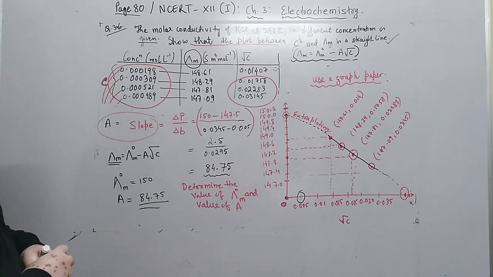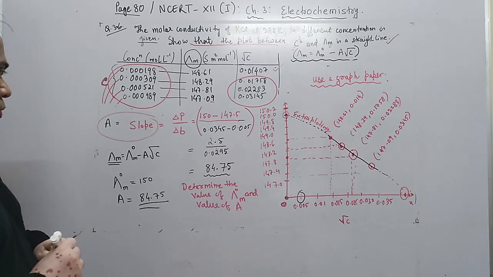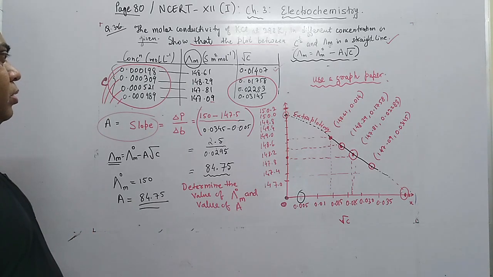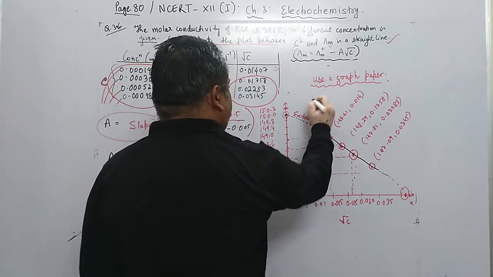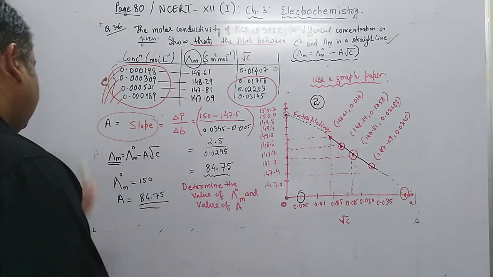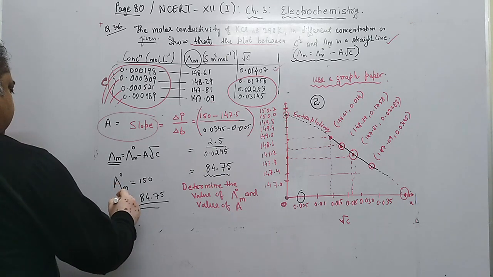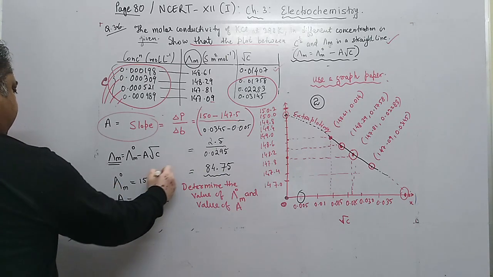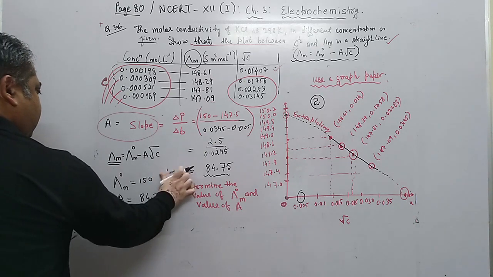Now if marks will have to be given, this will be a 5 marks question. How? For drawing this curve, you will be given 2 marks. For getting these values, you will be given half marks.